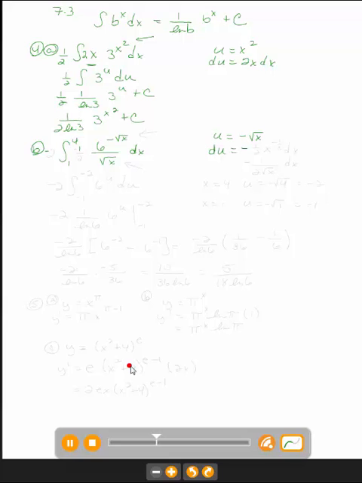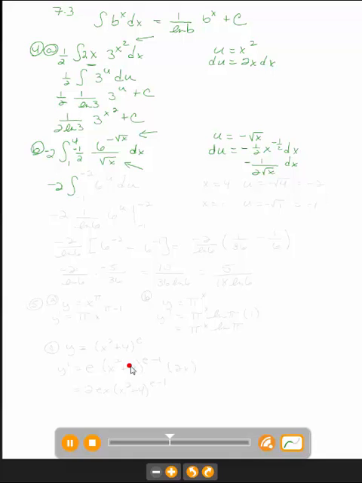So du is going to be 1/2 x to the negative 1/2 dx, which if I clean that up, it's negative 1 over 2 the square root of x dx.